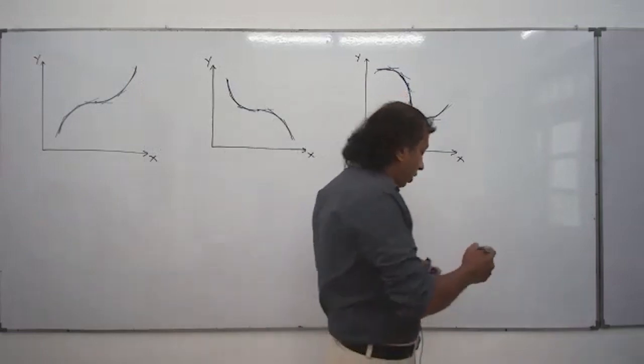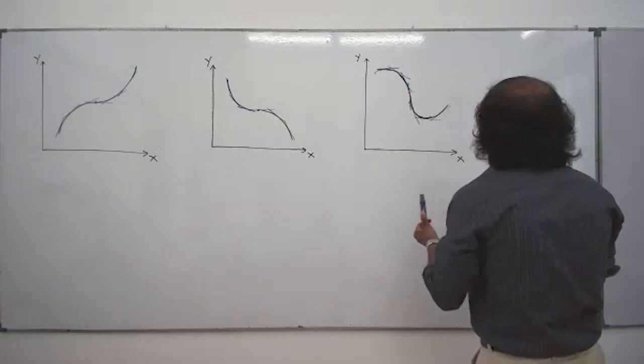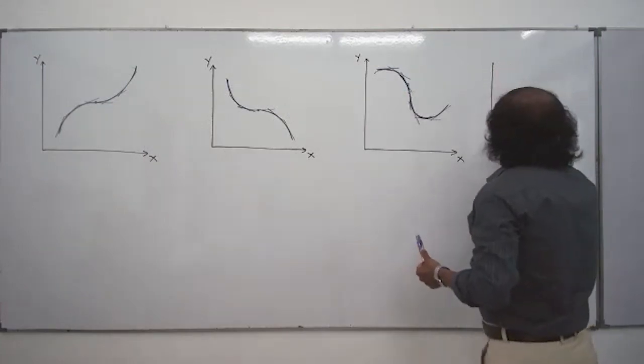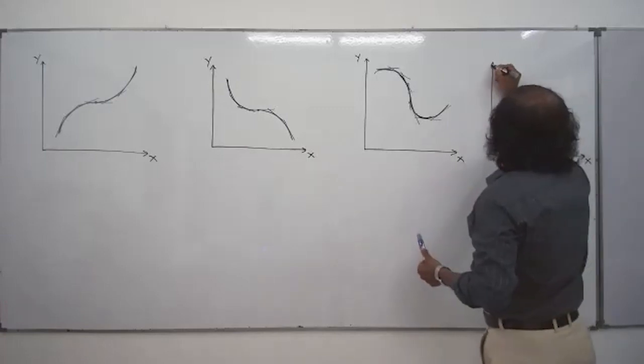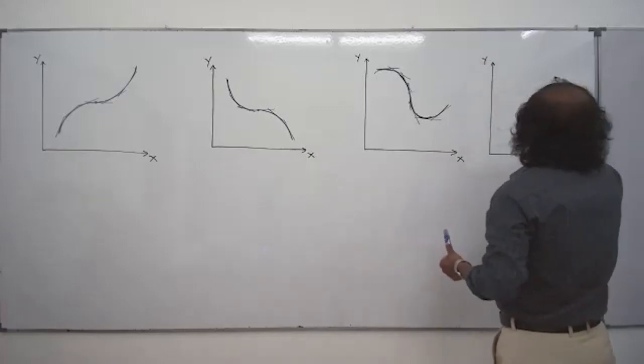Now, if I consider another graph, people, this way. X-axis and y-axis like this. This way a graph.